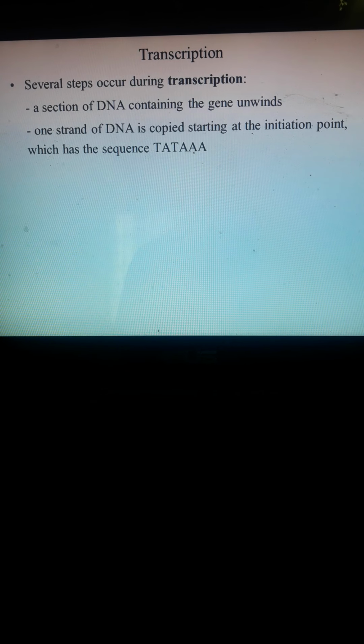Okay? So, in the transcription process, several steps occur. We have a section of DNA containing genetic information that unwinds, or what we call unwinding. One strand of DNA is copied, starting at the initiation point, which has a sequence, for example in the DNA: thymidine, adenosine, thymidine, adenosine, adenosine.